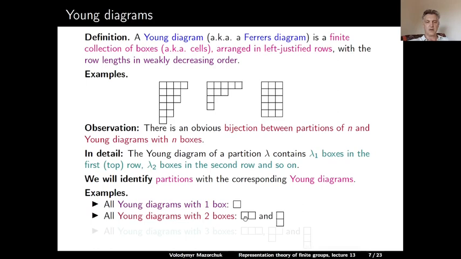The Young diagram with 2 boxes in the first row, and that's it, or the Young diagram with 1 box in row 1 and 1 box in row 2. So for 3 boxes, we have 3 Young diagrams. The first diagram has 3 boxes in the first row. The second diagram has 2 boxes in the first row and 1 box in the second row. And the third diagram has 1 box in rows 1, 2, and 3.